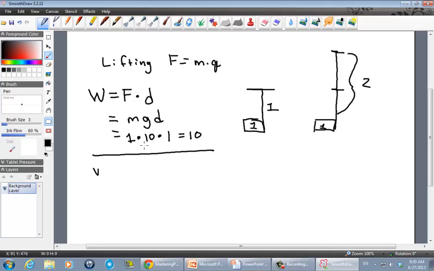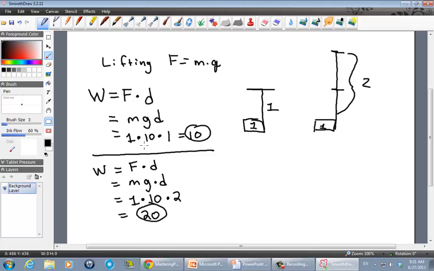And in our second example, we still have work equals force times distance. Our force for lifting is going to be mg times our distance. Our mass is 1, g is always going to be 10, but here our distance is going to be 2. So our work will be 20. So if we go twice the distance, we have twice the work.